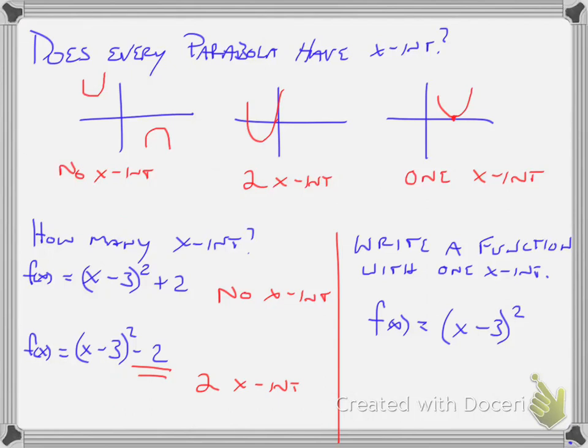The a could be positive, it could be negative, it could be shifted left or right, however many, as long as it's not shifted up or down. It will have one x-intercept.